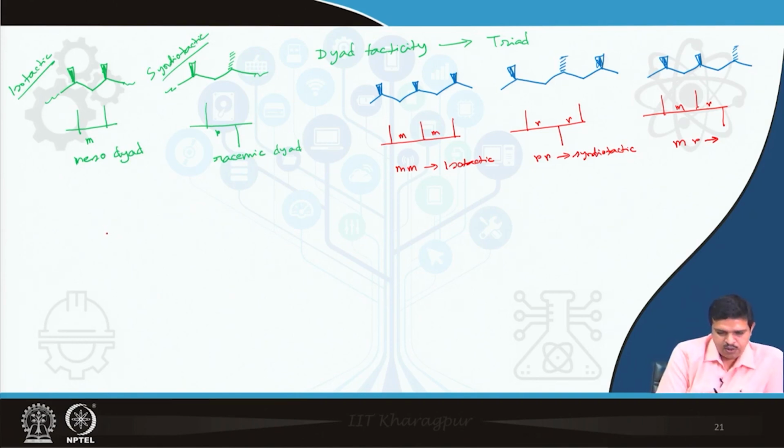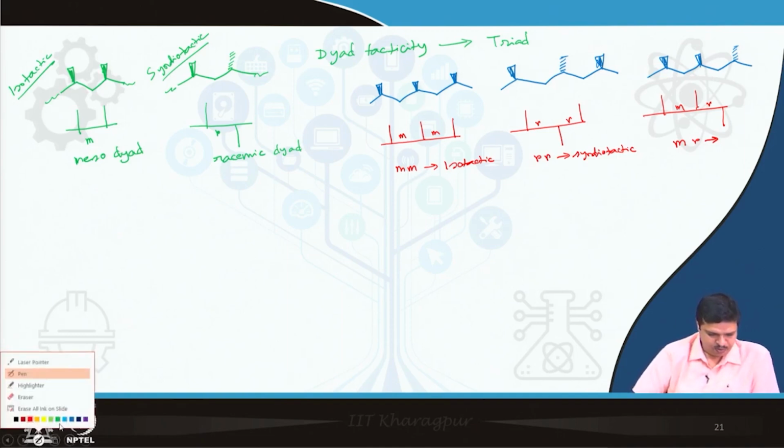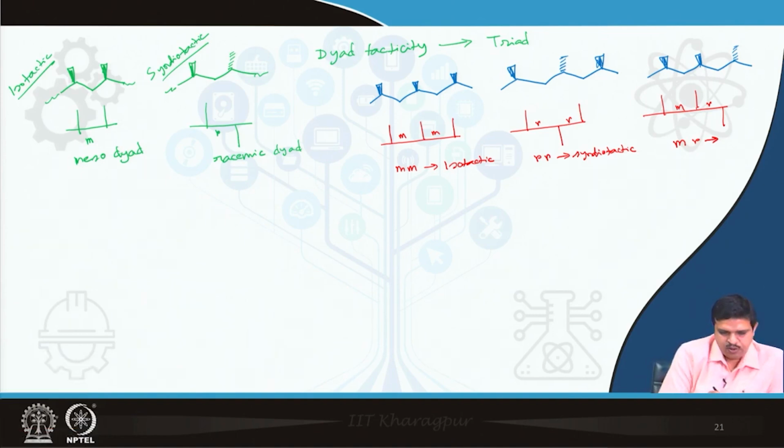We will just draw it with 8 dyads. We know the dyad, we know the triad. How does it happen with 8 repeating units?